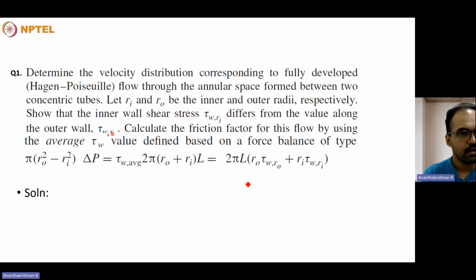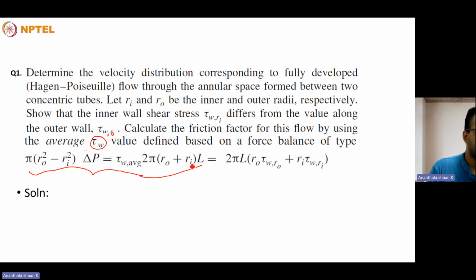Calculate the friction factor for this flow by using the average tau W, that is the shear stress value defined based on a force balance of type pi times (Ro squared minus Ri squared) into delta P, that is pressure into area, is equal to force, is equal to average shear stress multiplied by the total surface area of contact. So this could be represented in this form.